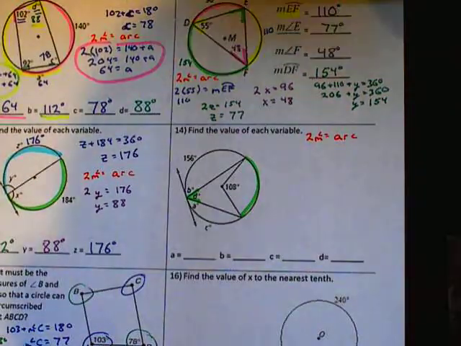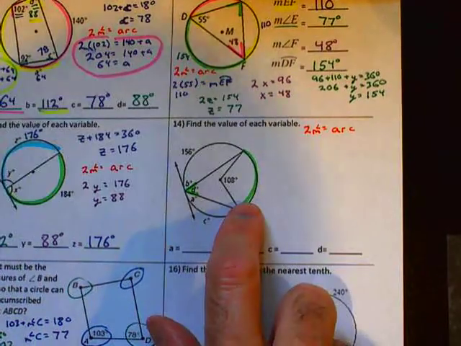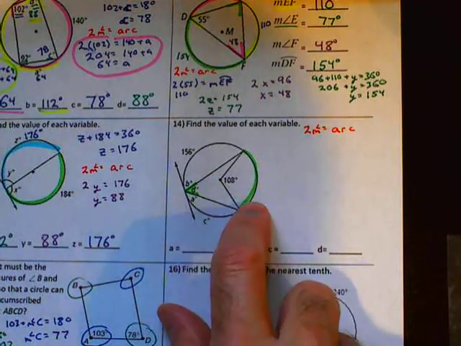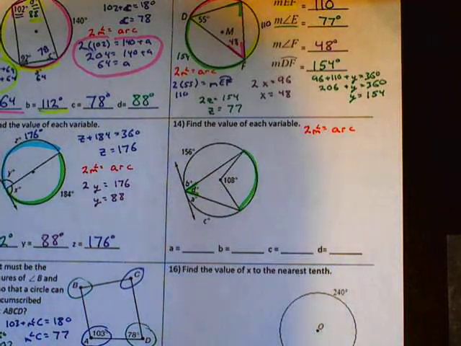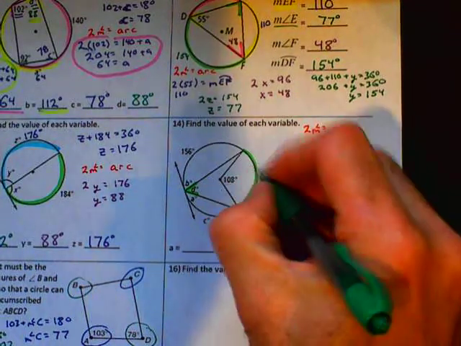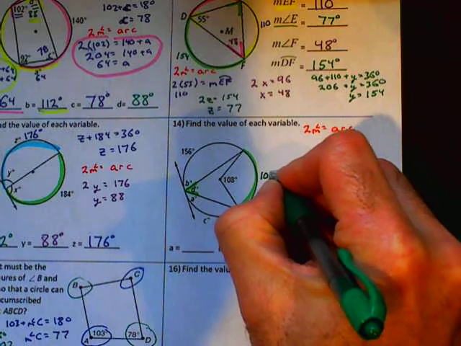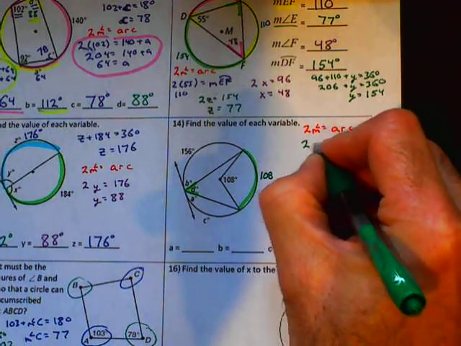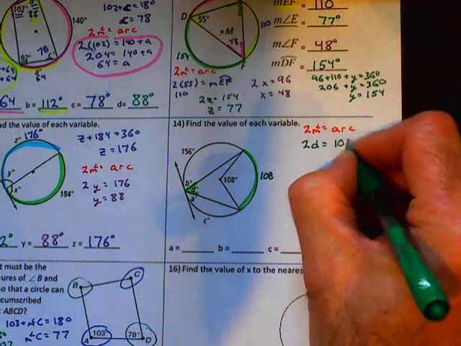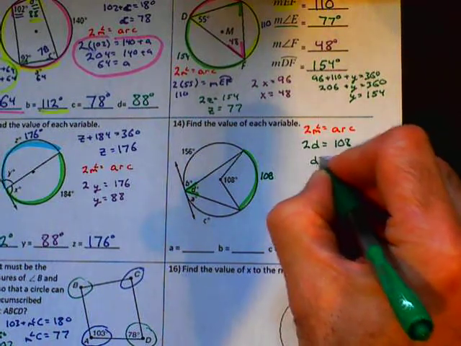So in this case, first off, this is a central angle because of that dot that tells me that's the central angle. That's going to make this central angle equal to the arc measure. So I can say 2 times D equals 108. Divide by 2, D equals 54.